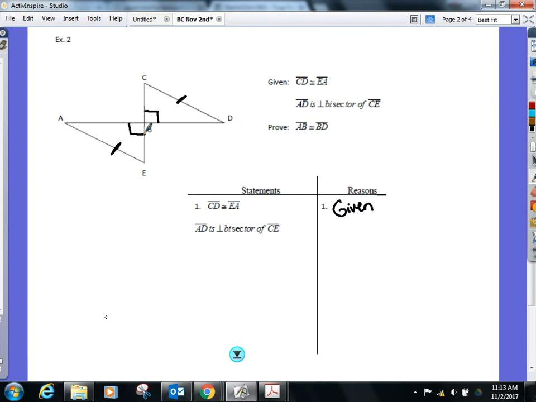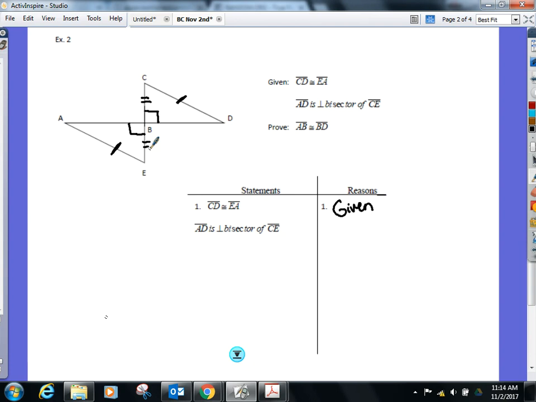What is getting bisected? Line segment CE is getting cut in half, which means what two line segments are congruent, Hugh? Okay, you just told me CE is being cut in half, and you gave me two different line segments. CB and BE, yep. Do we see that?